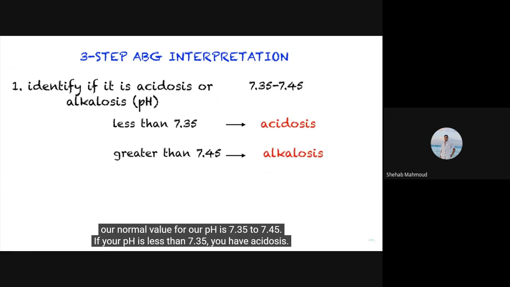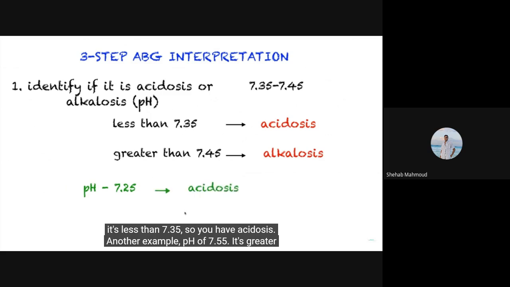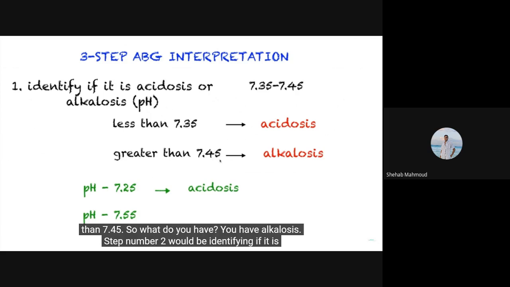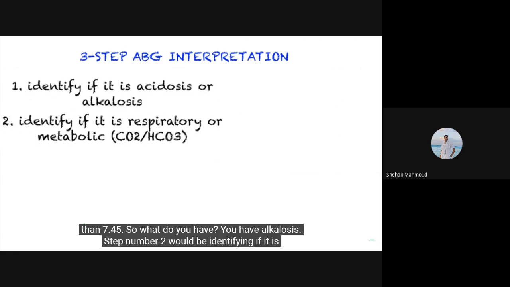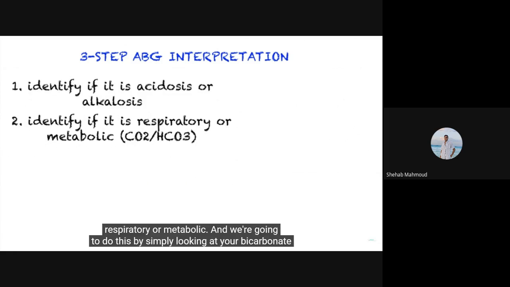If your pH is less than 7.35, you have acidosis. If it is greater than 7.45, you have alkalosis. For a pH of 7.25, it's less than 7.35, so you have acidosis. Another example: a pH of 7.55 is greater than 7.45, so what do you have? You have alkalosis. Step number 2 would be identifying if it is respiratory or metabolic.